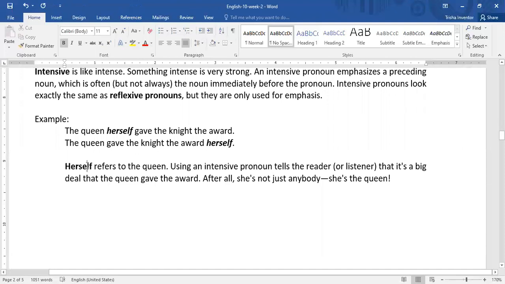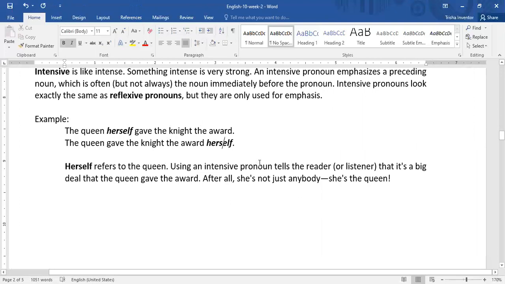Okay, again, here, herself refers to the queen. Oh, yes. Using an intensive pronoun tells the reader or listener that it's a big deal that the queen gave the award. It's the queen herself. Siya mismo, ang reyna mismo ang ninghatag sa award sa knight. Okay, the queen gave the knight the award herself.